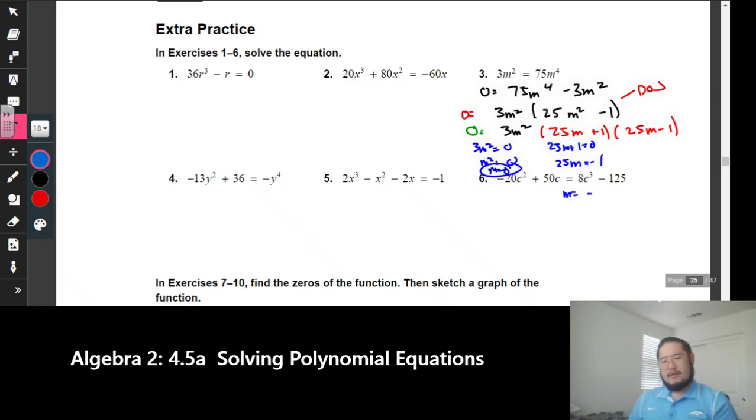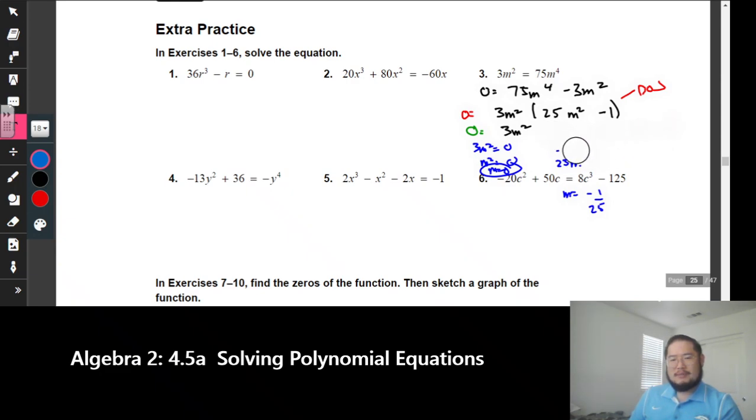Divide both sides by 25, and negative 1 over 25 is another solution. And you know what? I don't know what I'm tripping on right here. Let's go back. Remember, the square root of 25 is 5, so maybe you noticed that. And I got to go back and fix this right here. So we got 5m plus 1 times 5m minus 1.